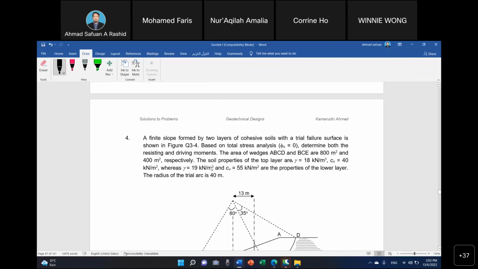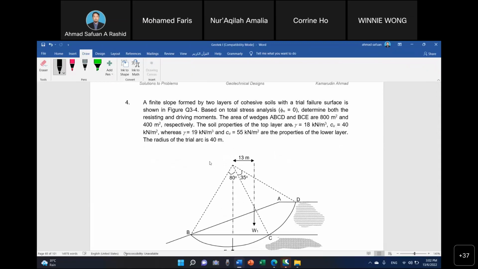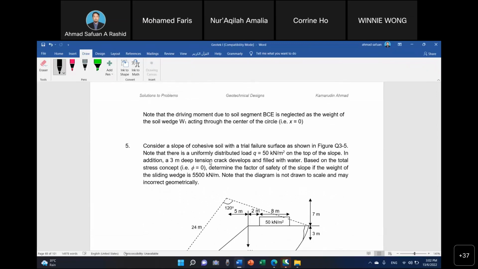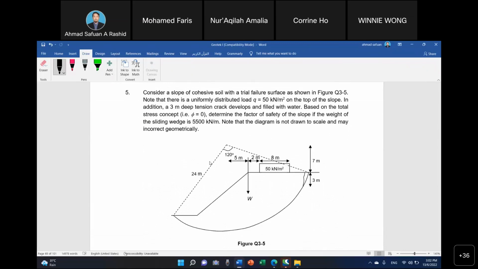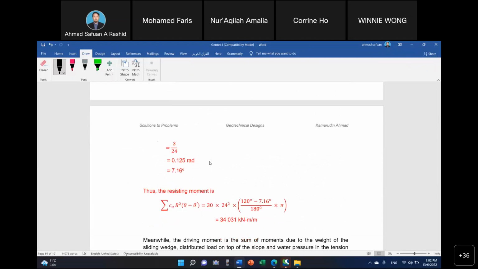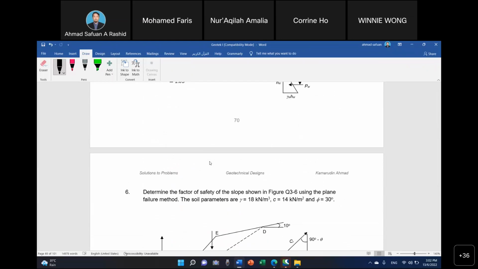By the way, on the remaining examples, can somebody help me to scan? This is example number 4. I'm not sure for the new book. So how many examples for chapter 3? This is number 5.